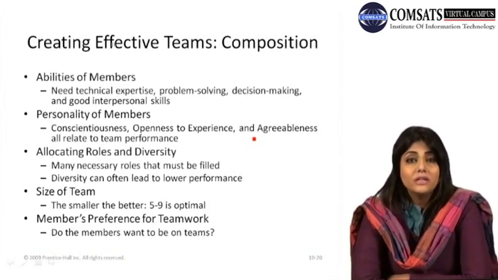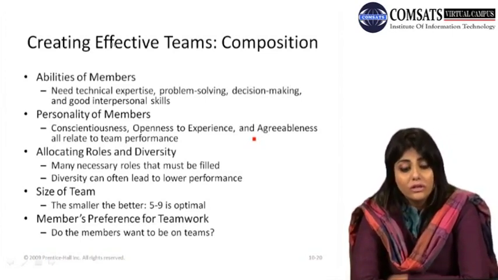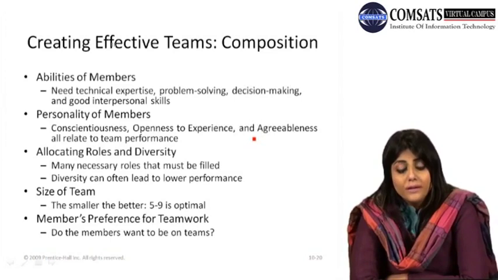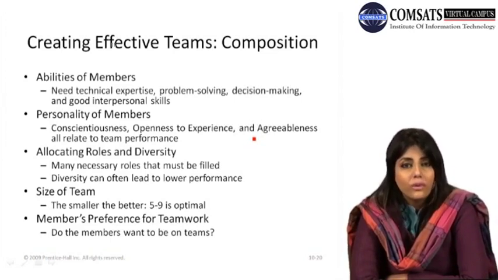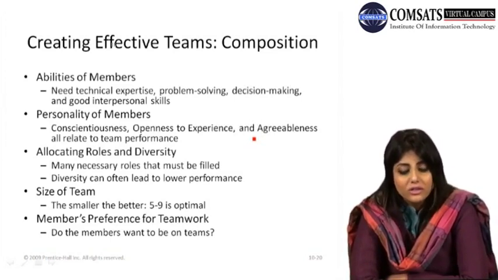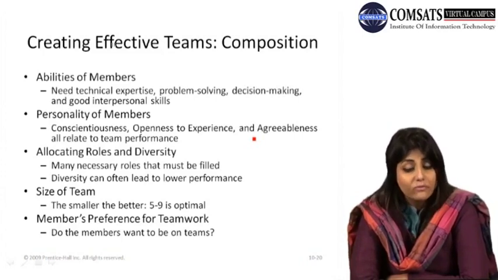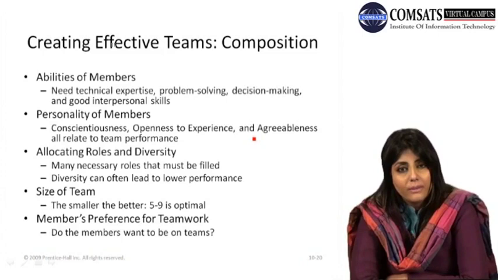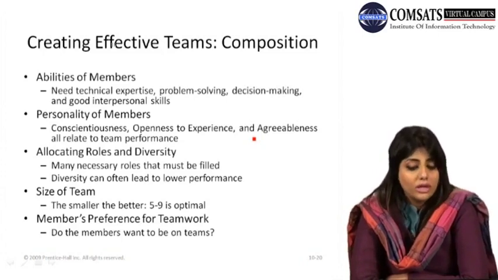It is also important that all the members be good on all of these skills, not that a member is good on one of the skills and really bad on the others. So that again won't be very effective if one member is good on one and not on the others.